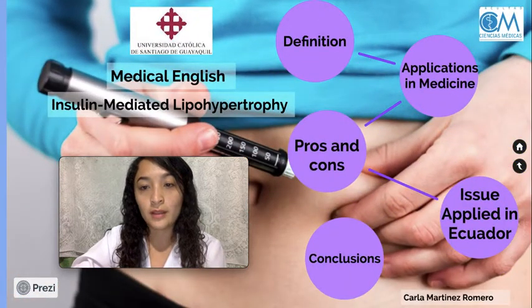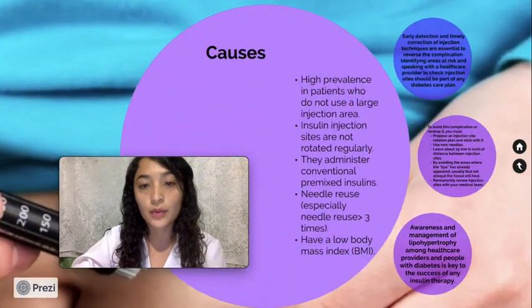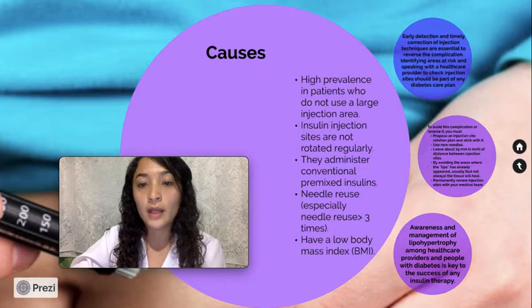Application in medicine. Cause: high prevalence in patients who don't use a large injection area, whose injection sites are not rotated regularly, and who administer conventional premixed insulin, and those with a low body mass index.